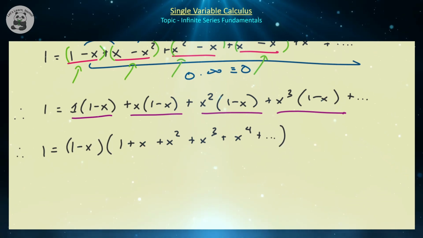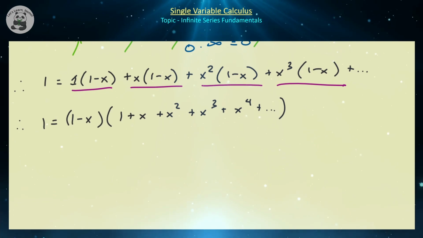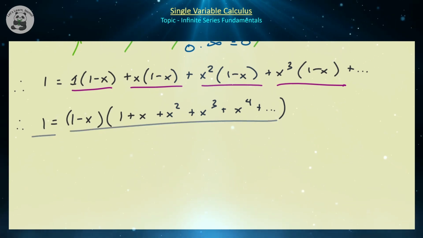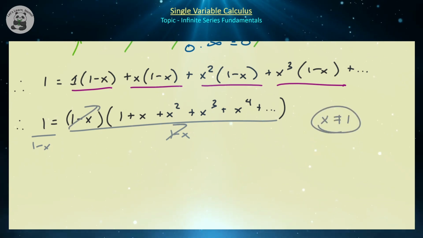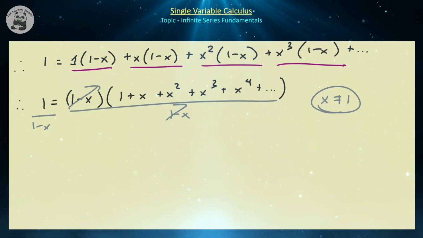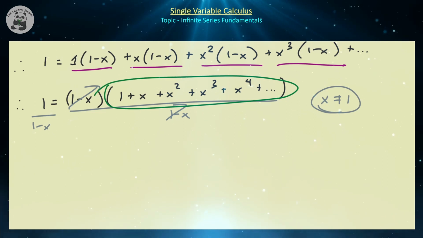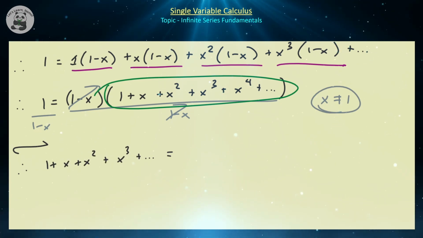So what I can do here is divide both sides by 1 minus x, provided that that is not equal to 0, which means that x cannot be equal to 1, so that's going to be at least one restriction on this expression. And then I have, on the right-hand side, which is now going to be my left, an infinite series, right? So we have that 1 plus x plus x squared plus x cubed, and so on, is equal to 1 over 1 minus x.